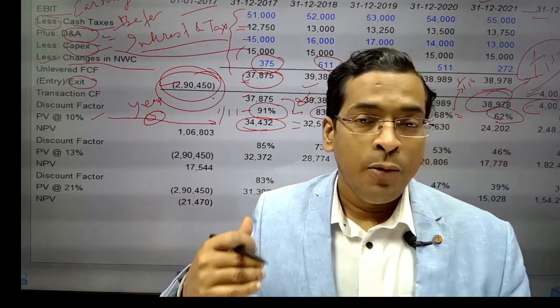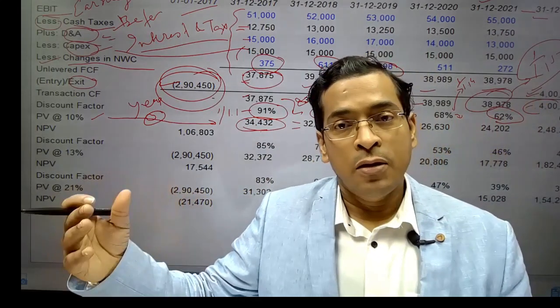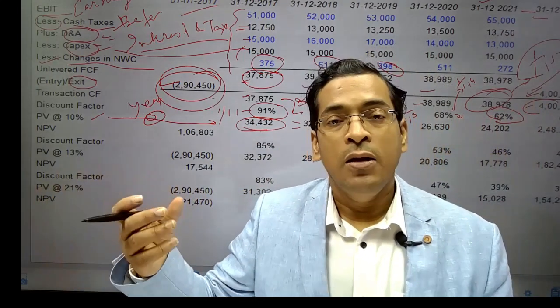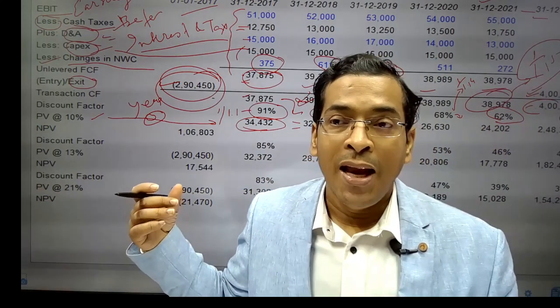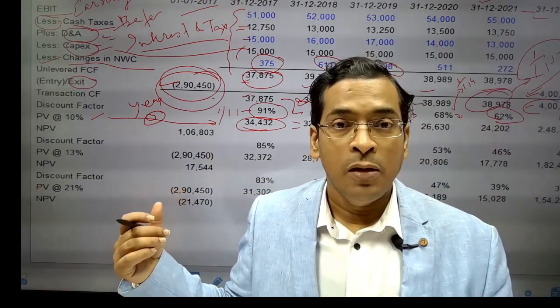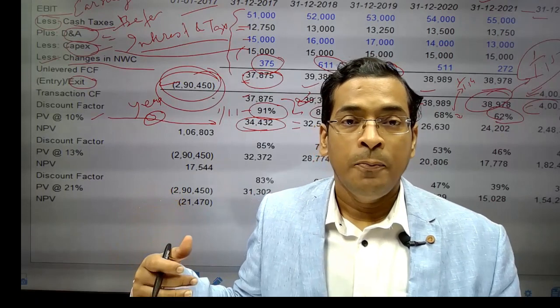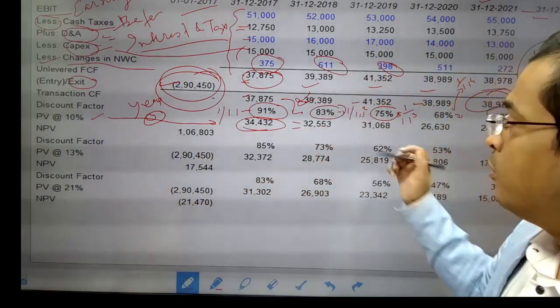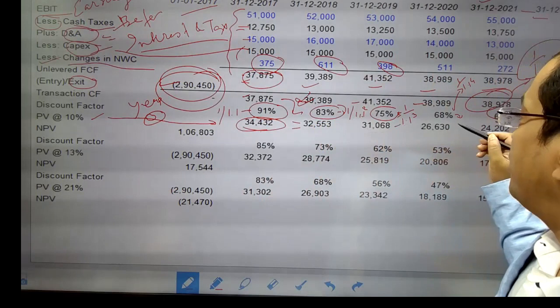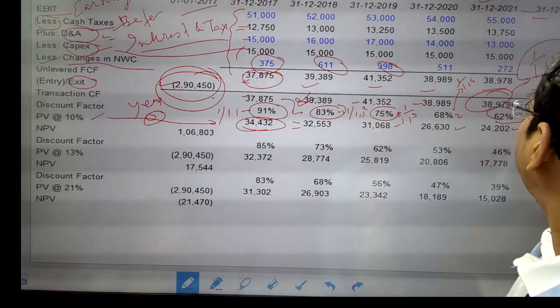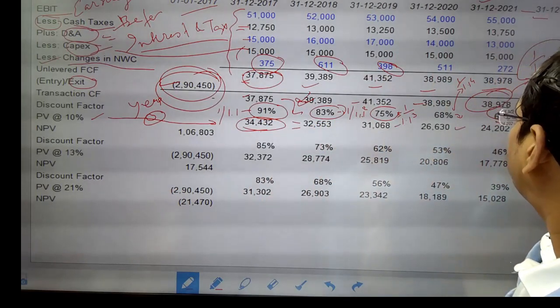The same dollar value coming in the subsequent years will become much less valuable today. So that's what is applied here. We get the present value of each cash flow, including the exit value of the project.